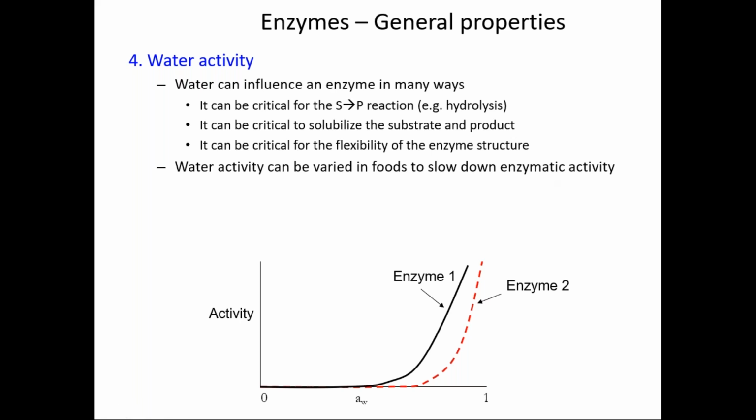So if you decrease the water activity by adding sugar or by adding salt, you will find that enzyme activity will be decreased. So here is enzyme 2 and enzyme 1. You see their activity depends on the AW.